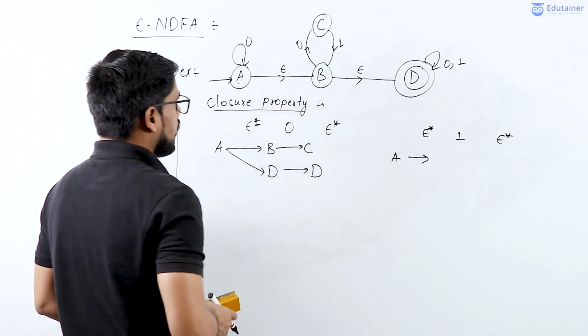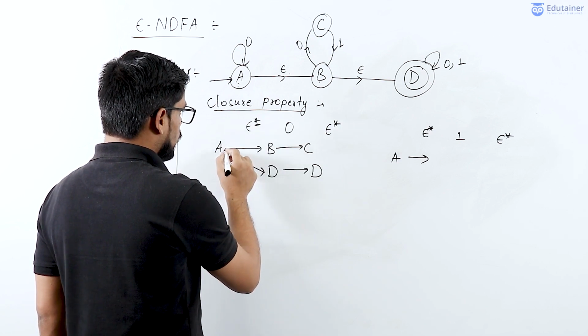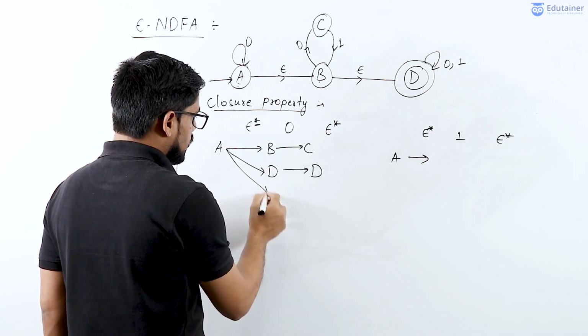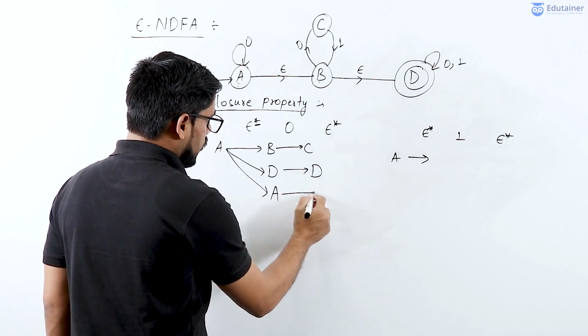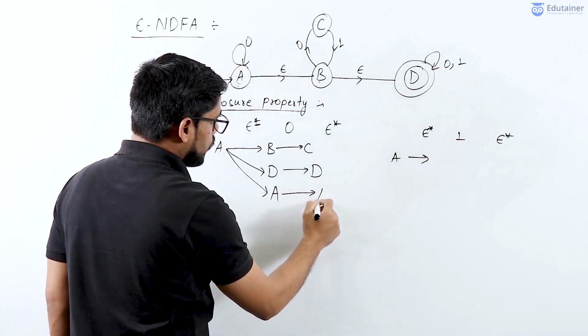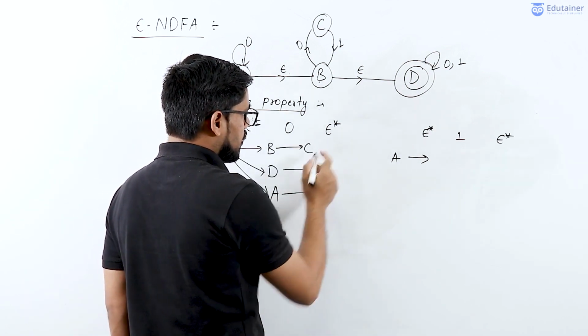One more thing: whenever you take epsilon star, a trivial move is added, A goes to A itself. So here A on 0 will go to A itself. Now 0 is completed.